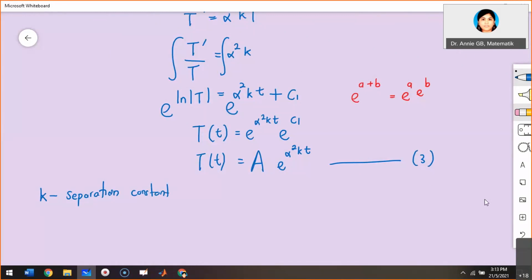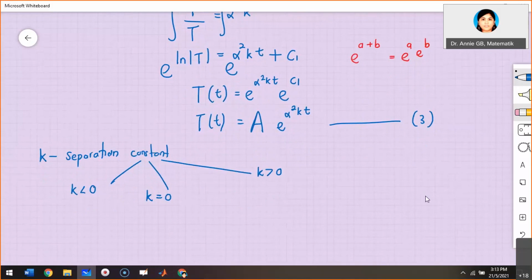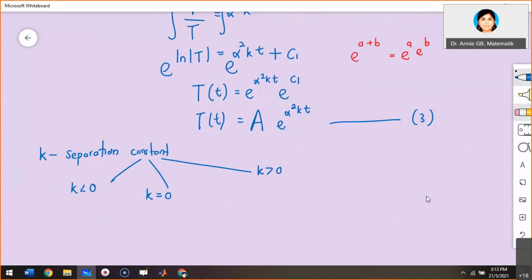Dia ada 3 perkara yang kita nak choose. One is k less than 0, k equals to 0, and k greater than 0. Okay, so to do that, kita akan introduce something called lambda squared. Lambda squared yang kita panggil dia actually eigenvalue.